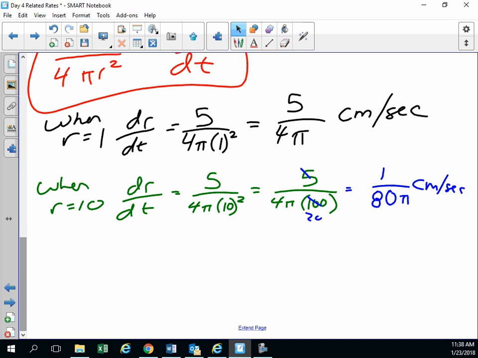When your radius is only 1 centimeter versus your radius being 10 centimeters, which one is faster for this rate of change? 1 centimeter. Would that make sense as to why? Your volume is growing at the same rate, but think about it, as you get bigger, you have more volume per increase, and I've got tinier to travel, for lack of a better word. Alright.